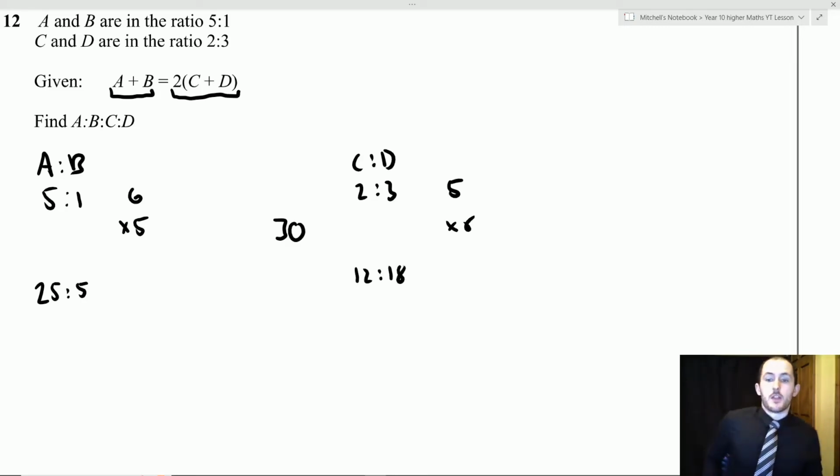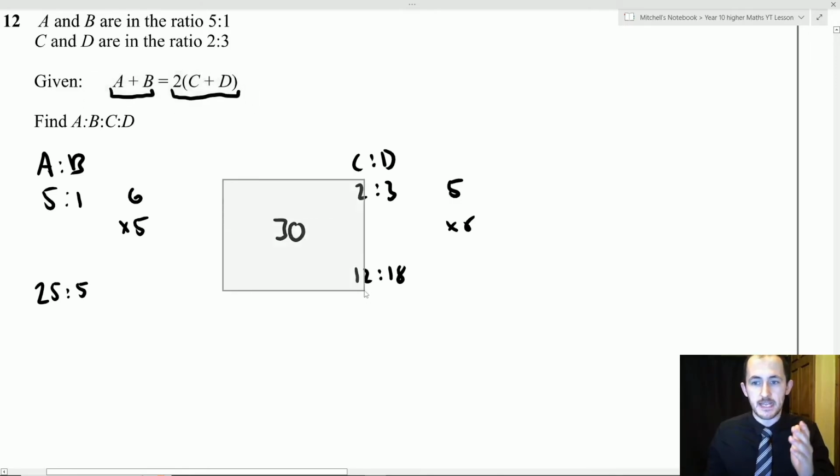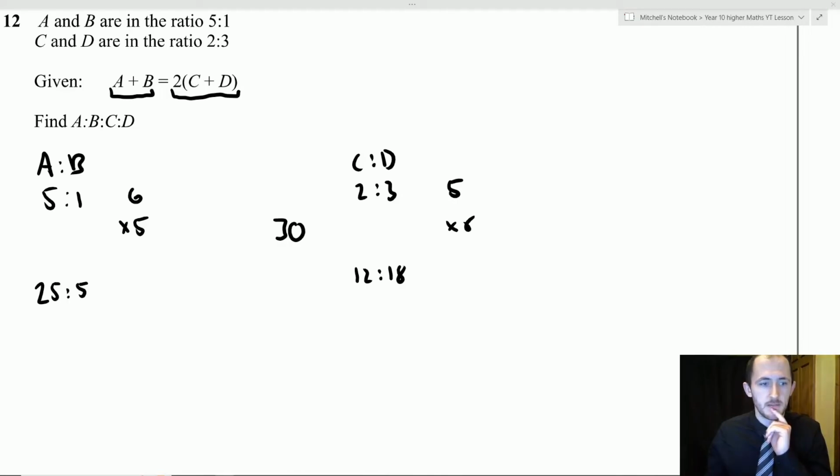So the reason for that is we know that 2 times the number of parts here. Yes, that's exactly right. So we take the lowest common multiple so we can split them properly, because we need to be able to divide all of the parts into it. So it's so we can get 2 times.